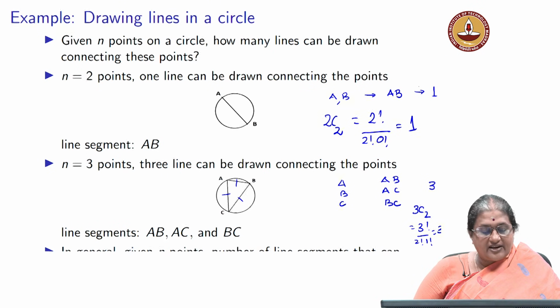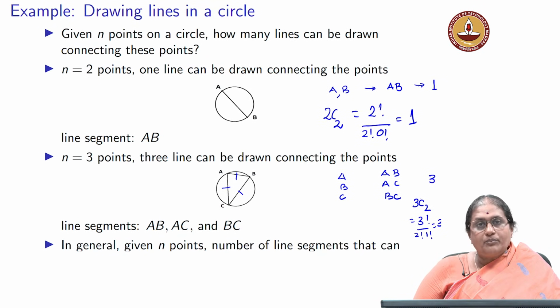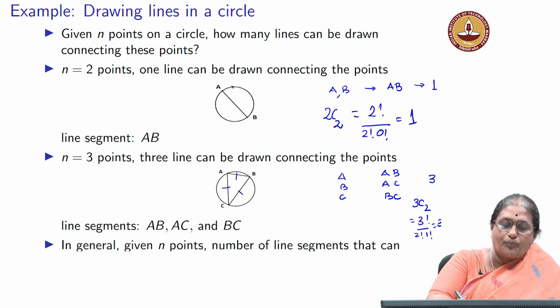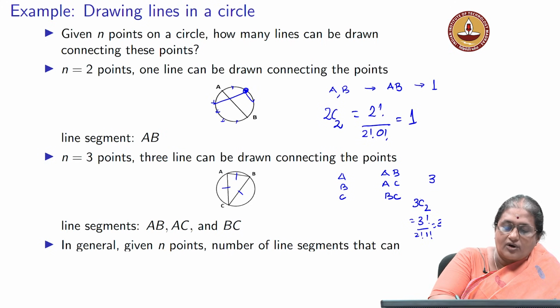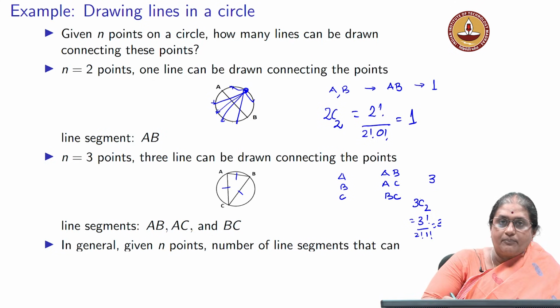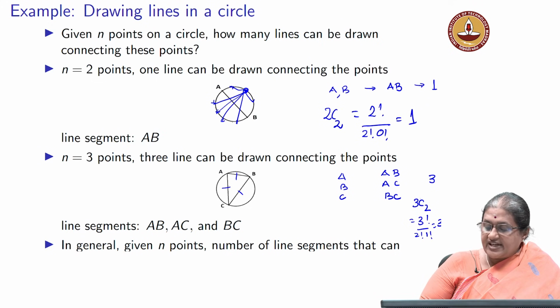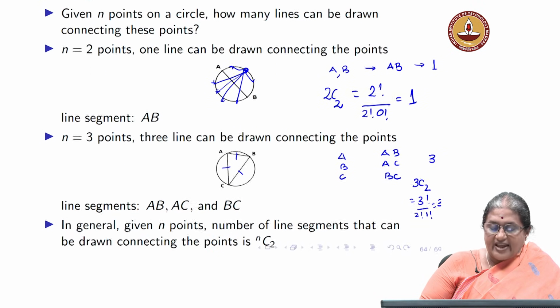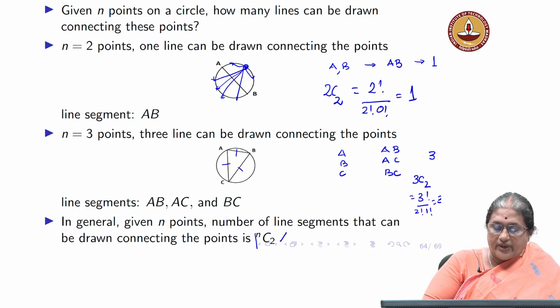So, in general, if I have n points on the circle, to draw lines I need to choose any 2 points. That is, if I fix this point, I can draw lines between any 2 of these points. Given n points, I can choose 2 points in n choose 2 ways.